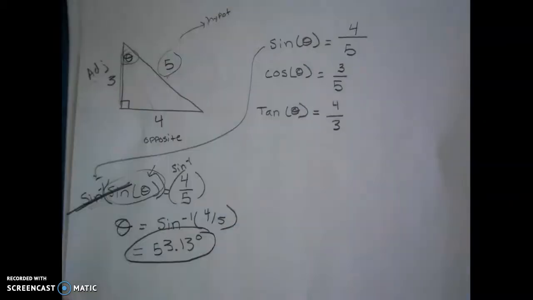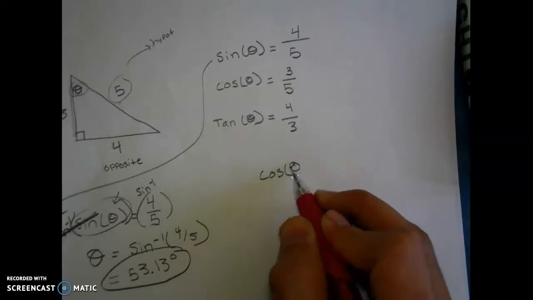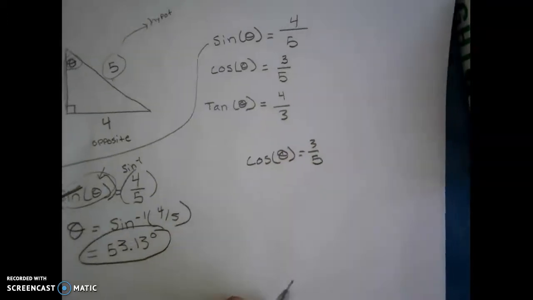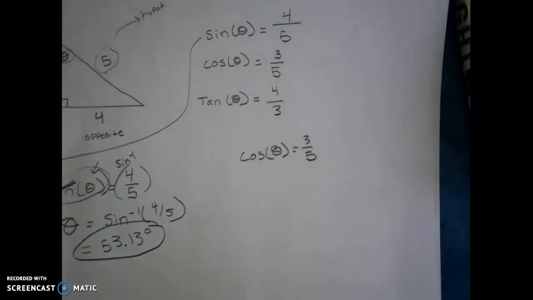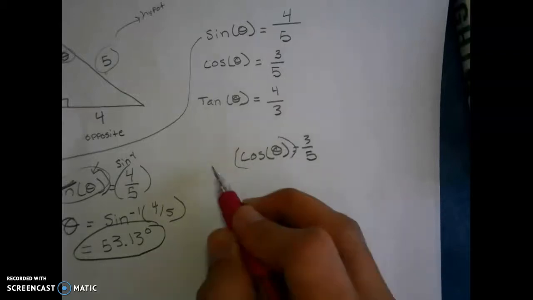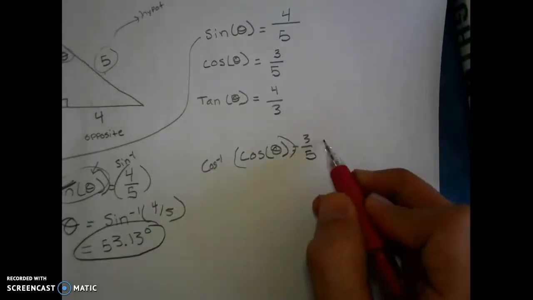Well, what about cosine? This one we had cosine of theta is equal to 3/5. Same idea, except now we're dealing with cosine. How do we get rid of cosine? The inverse of cosine. We take the inverse of both sides and do the same thing over here.